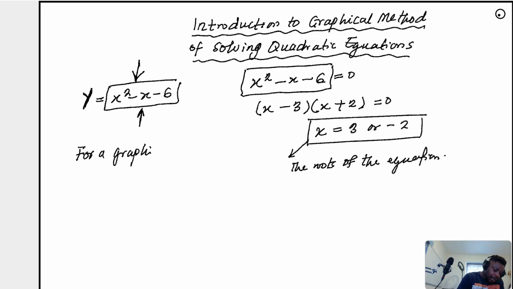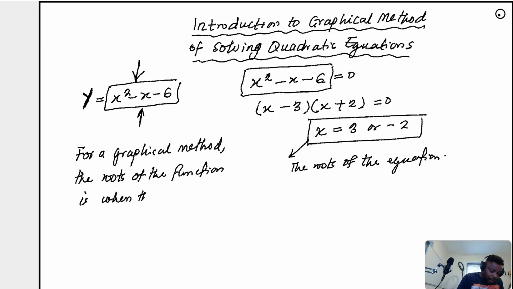I'm going to write it here. For the graphical method, the roots of the function is when the function, let me write it in another way.